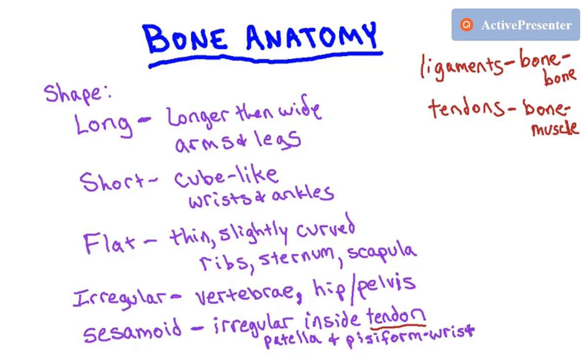Not all the bones in your wrist. There's just one specific bone in your wrist that is named the pisiform bone, and that is inside of a tendon in your hand, and that would be considered a sesamoid bone.